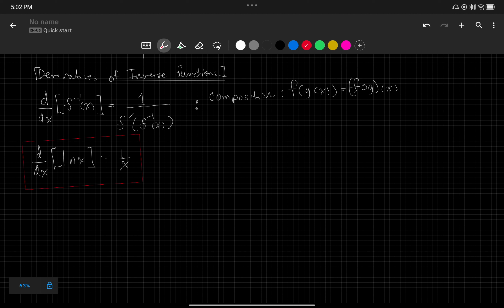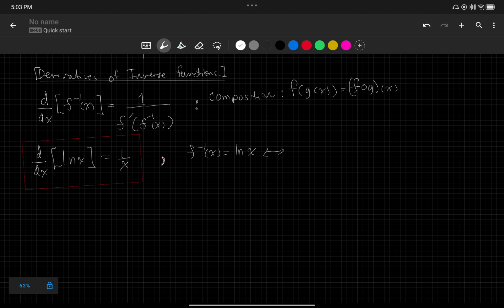And if we're going to use our new little formula over here, let's just keep track of the things we're going to need. So we know that ln is the inverse of somebody, right? ln is an inverse function, but it's the inverse function of whom? Well, it's the inverse of e.